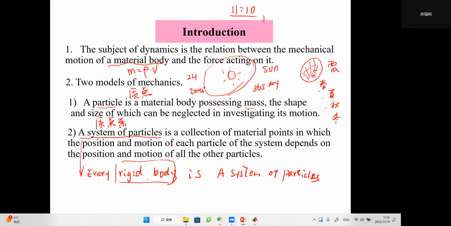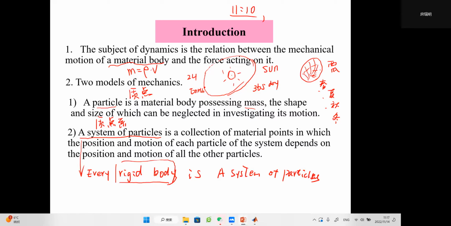It doesn't have any deflection or deformation, although all kinds of force are acting on it. So every rigid body is a system of particles, right? So you guys should know these two models of mechanics.